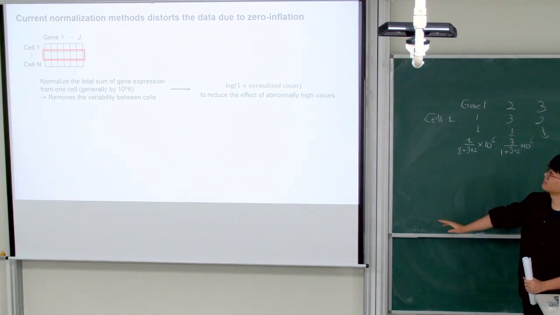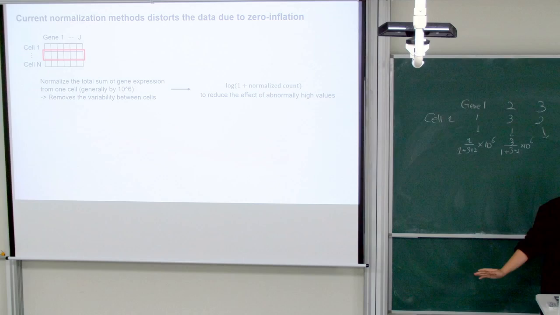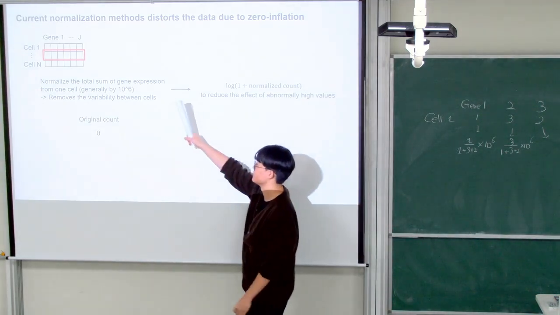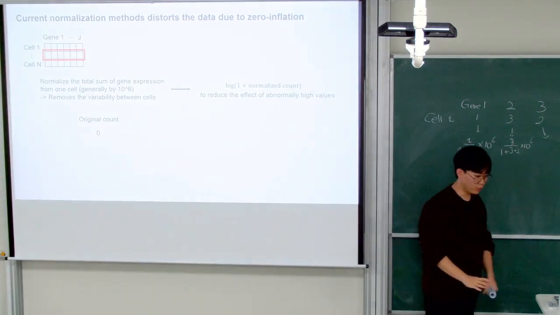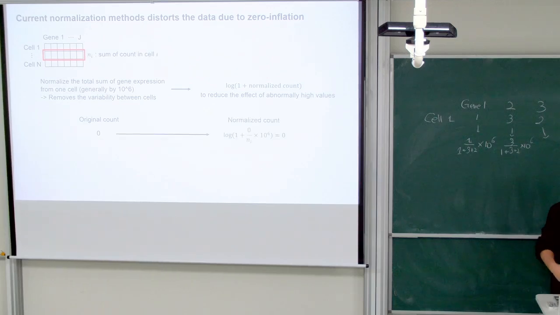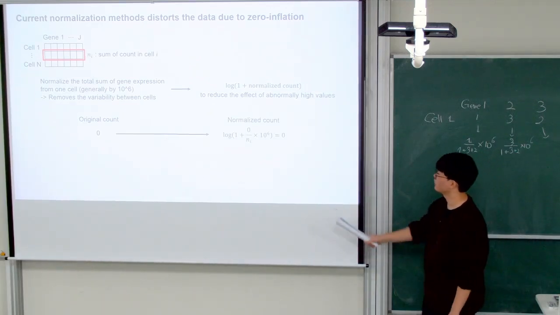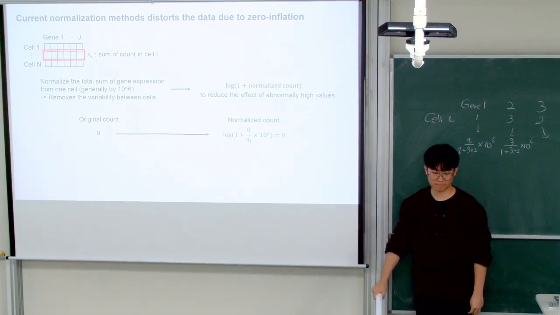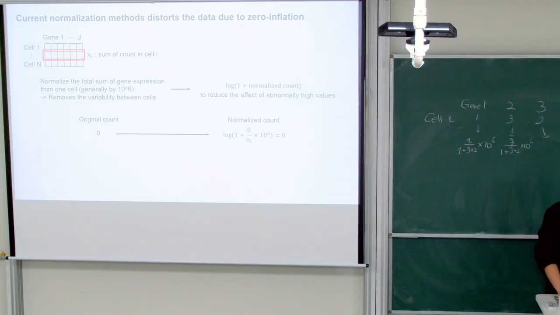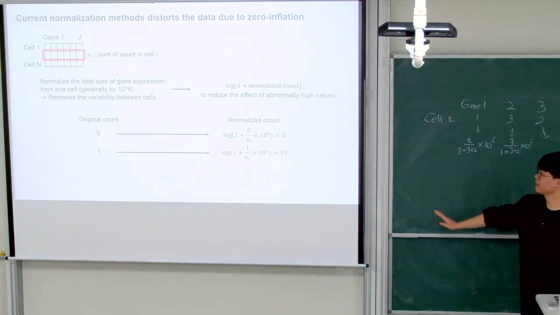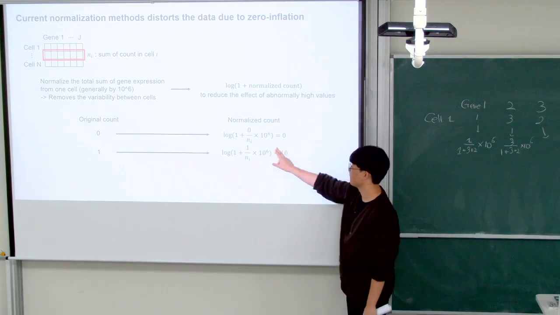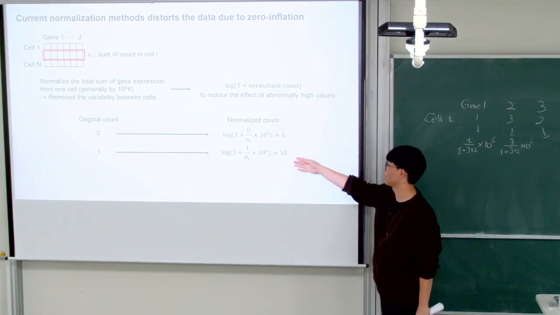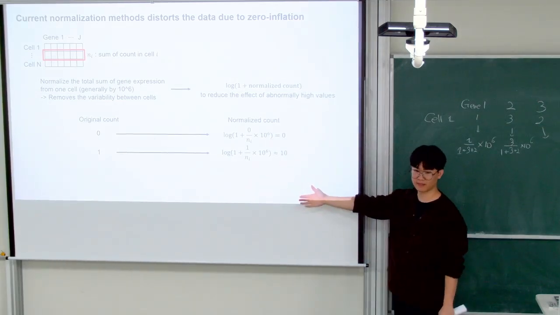The problem of this normalization is, for example, if the original count from the data was 0, then when we normalize, that value will also be 0, right? But if the original count was 1, then the normalized value is about the scale of 10.